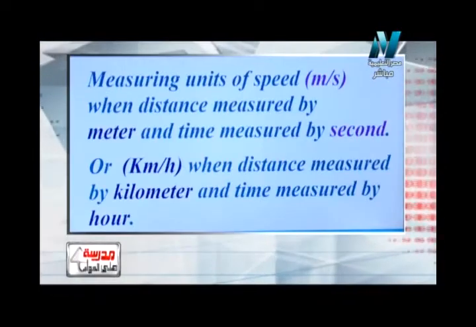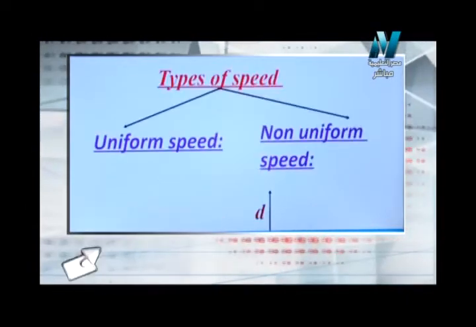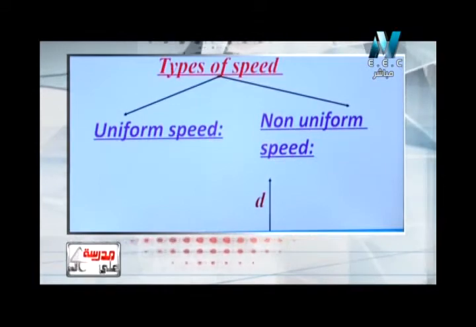As we studied in the previous episode, speed is the distance covered through a time unit, or the distance covered in 1 second. So today we have to know what is meant by average speed. In the previous episode, we learned how to differentiate between regular and irregular speed, uniform and non-uniform speed.